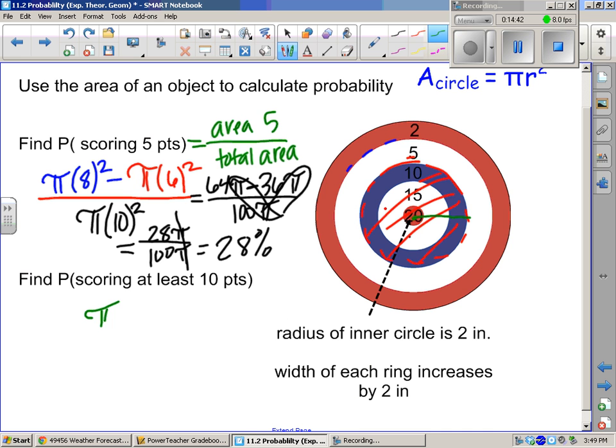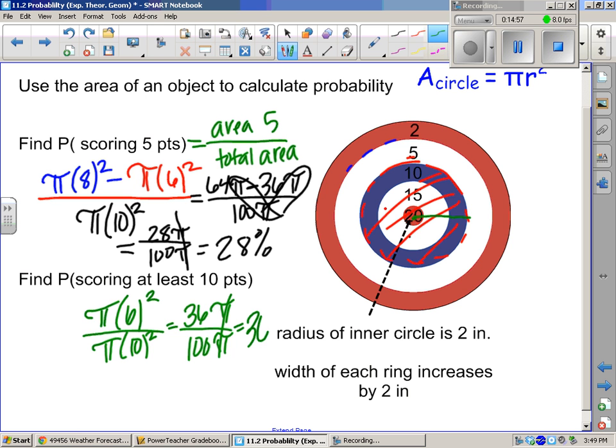So the area of success on the top is 6 squared over the whole area. We already figured that out. That's pi times 10 squared, or 100 pi. So this will be 36 pi over 100 pi, or 36%. Cool. All right, ta-ta for now.